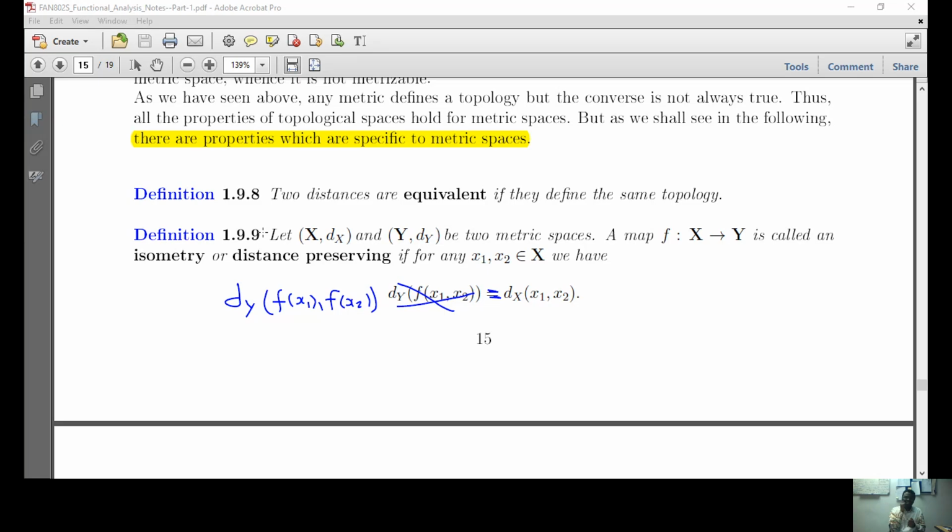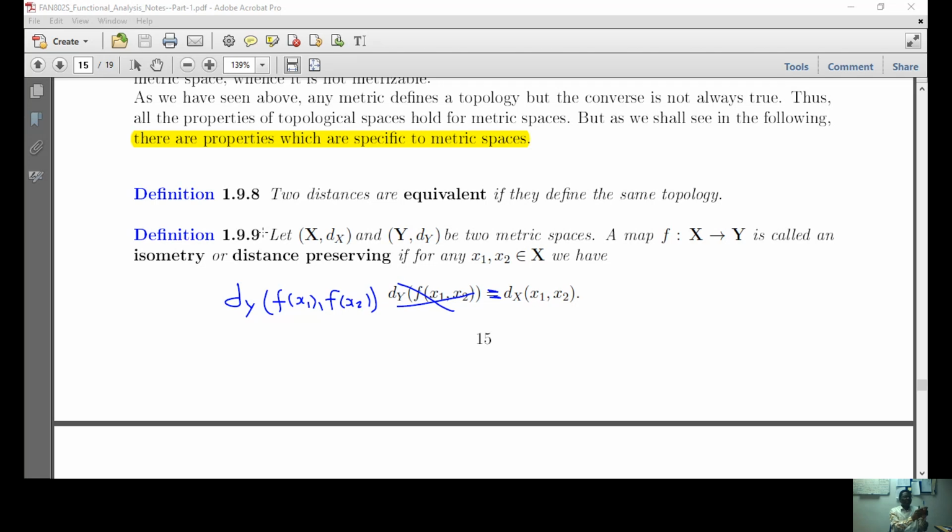Isometry means same metric; in fact, iso means same metric. It doesn't mean that d1 and d2 are the same, no. It just means that if I take two points, the distance between two points in the first space X, let's say I have x1 and x2 in X, of course the distance there will be d_X.